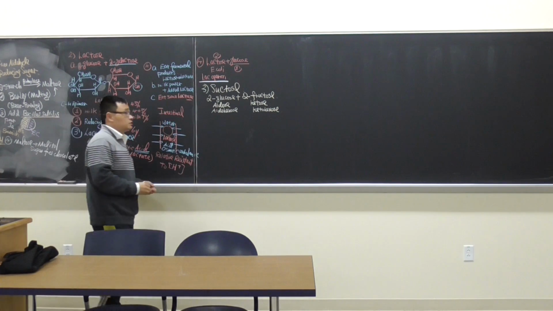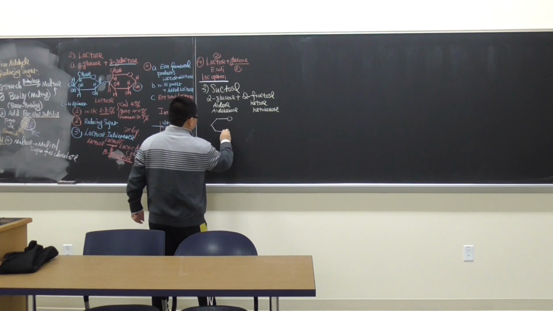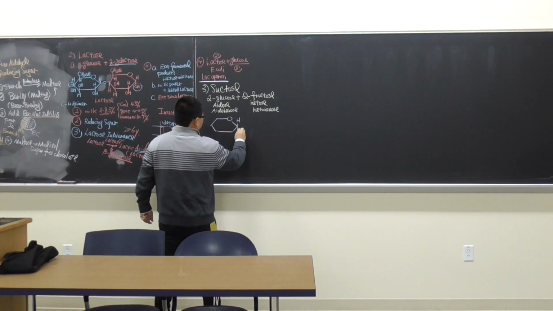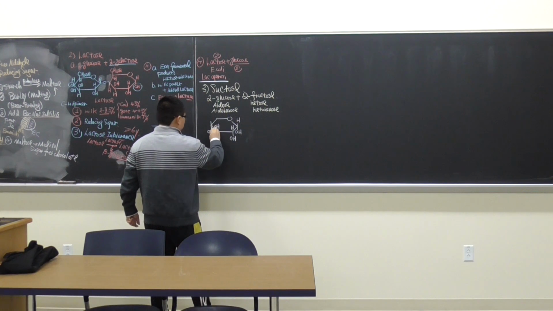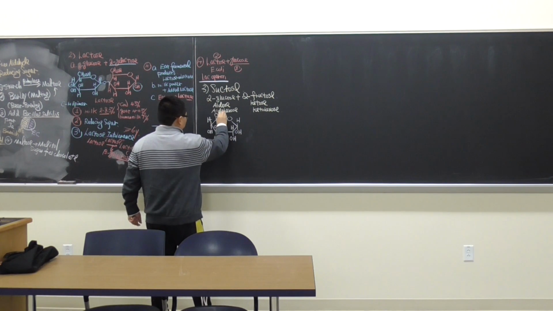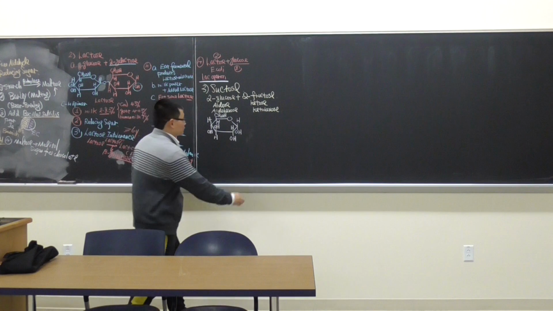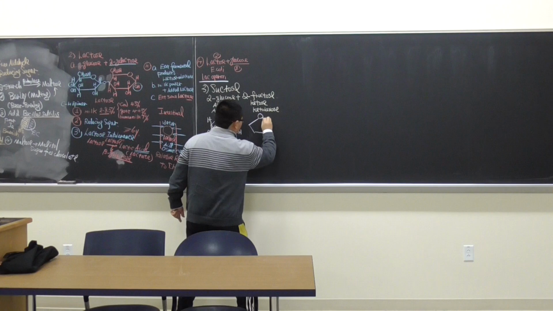So what does it look like? We go talk about it again. Okay. So we have, let's do alpha, H, OH, go down, H, OH, H, OH, H, here, OH, H, CH2OH, H. When you become a glucose, it's different. Although the chemical is the same, what is going to be the difference?